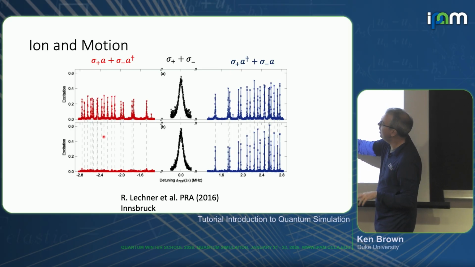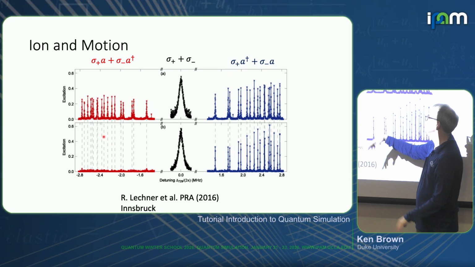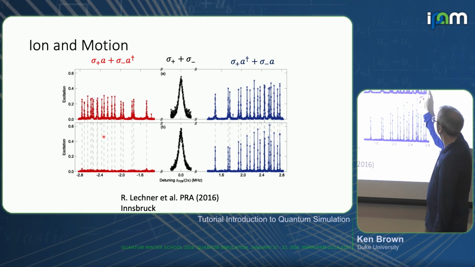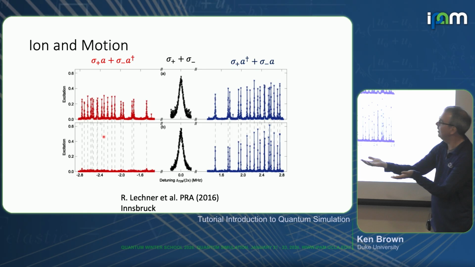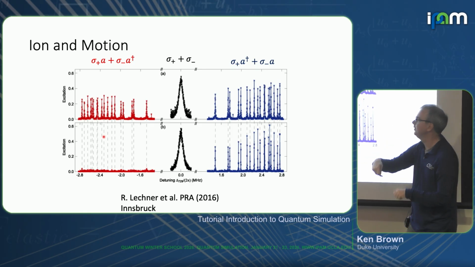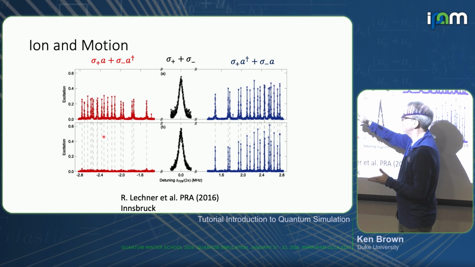And when you're hot, meaning like 100 millikelvin, you see all of these motions. The blue sideband you can think of as, sorry, the other way around.